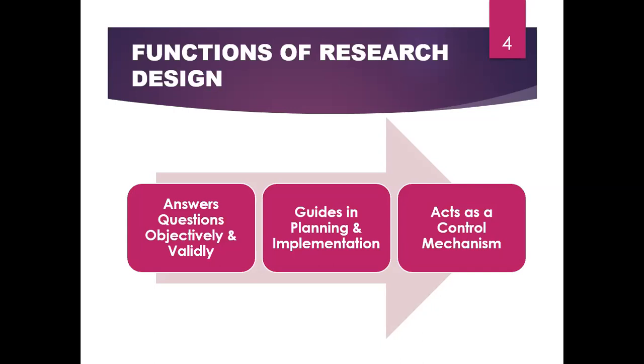It provides a set of instructions regarding sample, variables, tools, methods of data collection, and also analysis. And it makes the research efficient. It acts as a minimum control mechanism. It's a firm foundation for the entire structure, and it should be done with great care. So these are the functions of the research design.